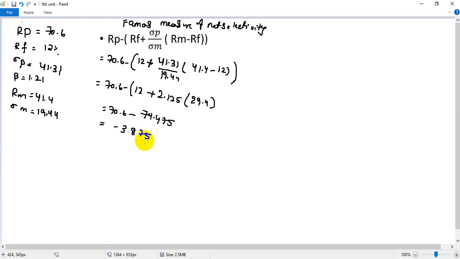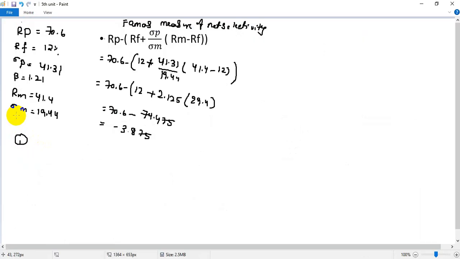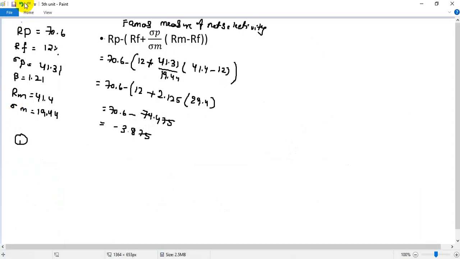So we'll do that. The very first one is what has been given in the question, the risk-free rate. So what we are going to write down is that Fama's measure has 4 components. I'm going to write that down, and then I'm going to start.